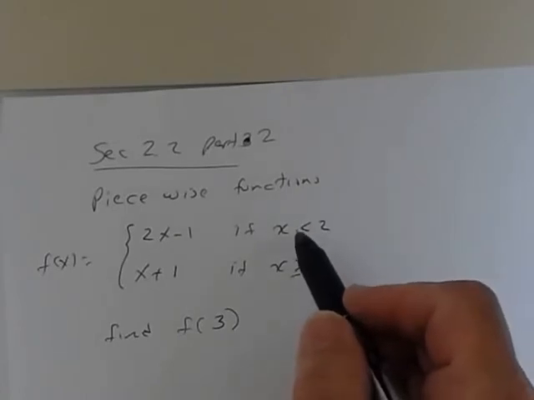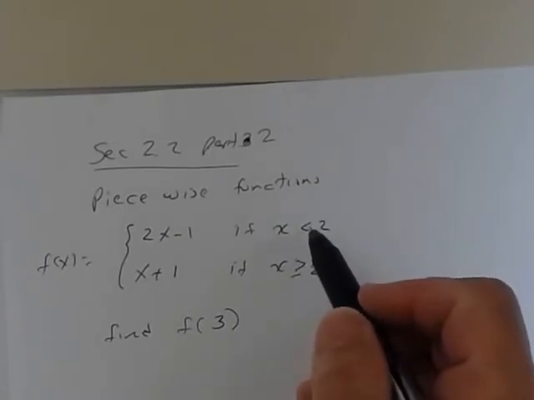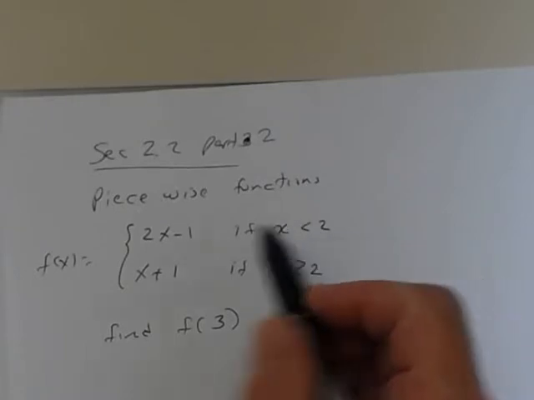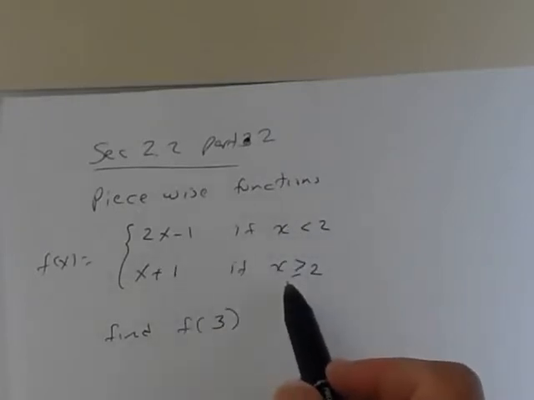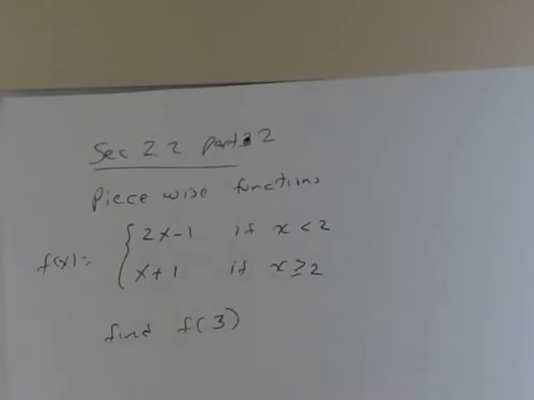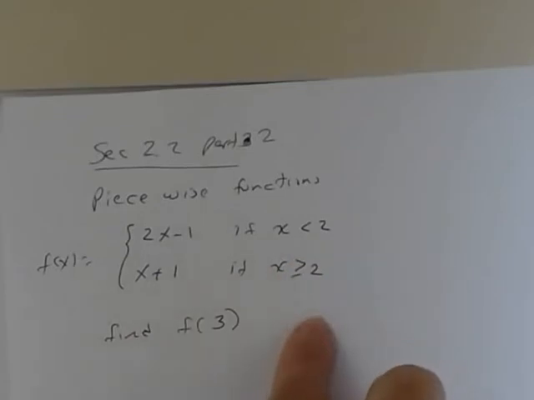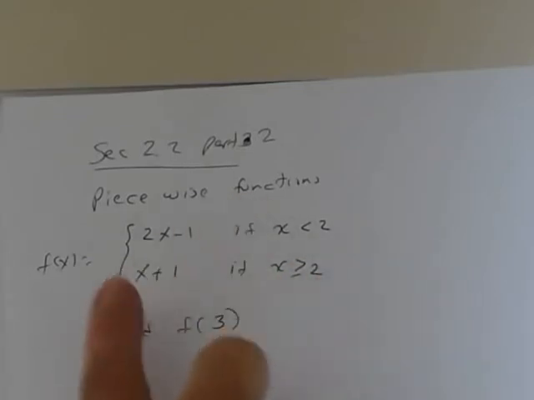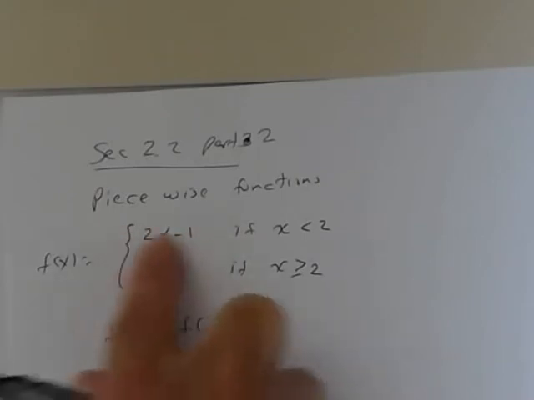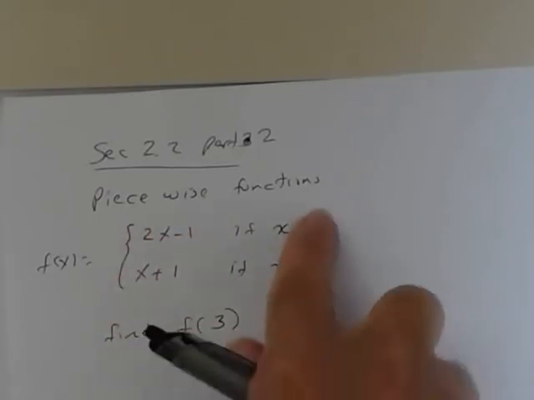So if my domain is less than 2, which function do I use? The first one. If my domain is bigger than or equal to 2, which function do I use? The second one. Okay, so you're looking at different pieces with different domains. Okay? So that's what a piecewise function looks like. You're looking at two different functions, and they each have their own domains.